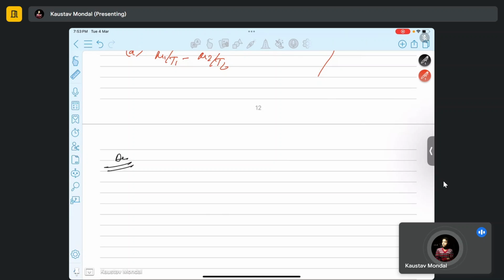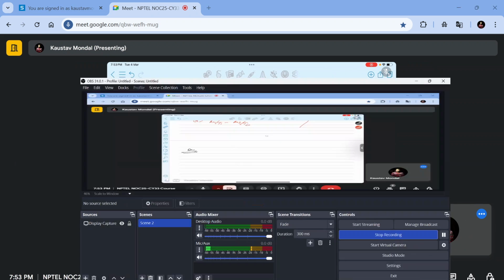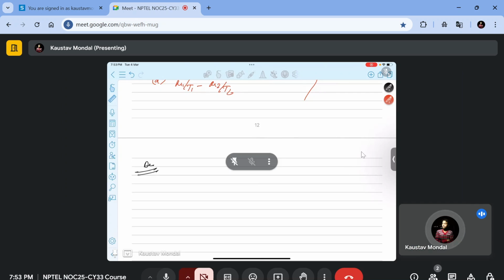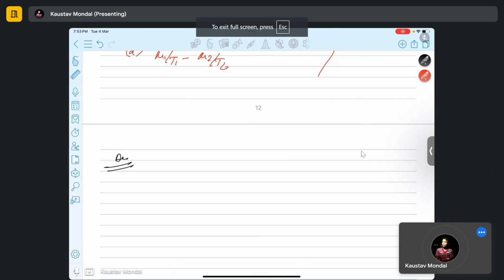This is one important approximation that they have considered. By taking all of this into account, you have to calculate the change in entropy. How to do this is very straightforward.